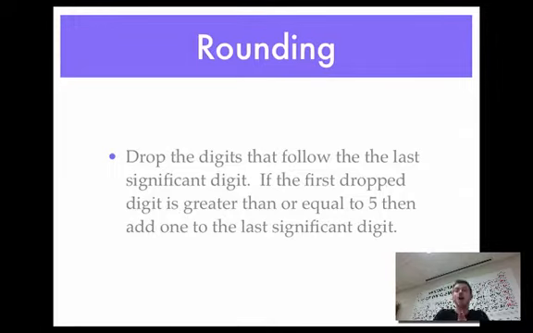I count out how many significant digits my answer should have, or find my stopping point, and then everything to the right of that goes away. But before we do that, if that first dropped digit is greater than or equal to 5, then we need to add 1 to the last significant digit. We'll see that on one of our example problems on the next slide.